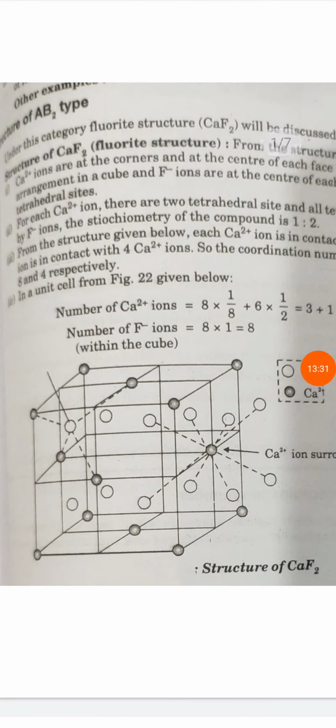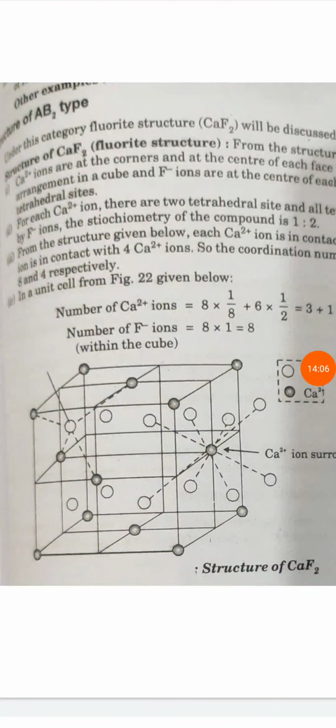That is, calcium ions have a CCP type of arrangement in a cube, and fluoride ions are at the center of each unit cell. Fluoride ions are present at the center of each unit cell. That is, they occupy all the tetrahedral sites. In the zinc blende structure, half of the tetrahedral sites were occupied, but in the calcium fluoride structure, because the stoichiometry is 1:2, all the tetrahedral sites are occupied.